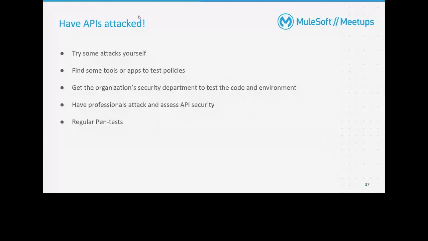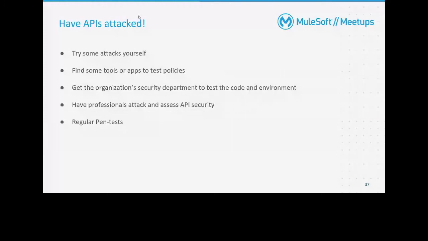All these ways would ensure that the APIs are truly secured, because most organizations do not perform security testing for their APIs, and it's one of the most effective ways to know that APIs are protected.